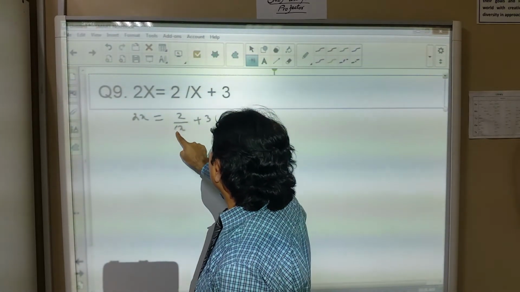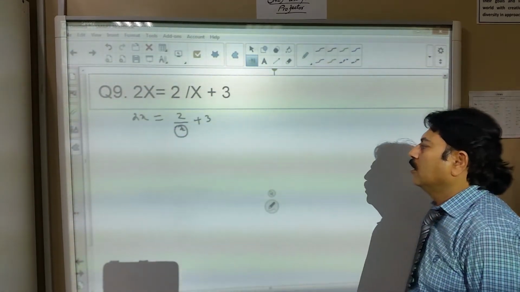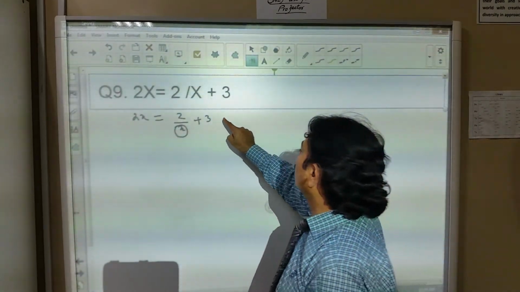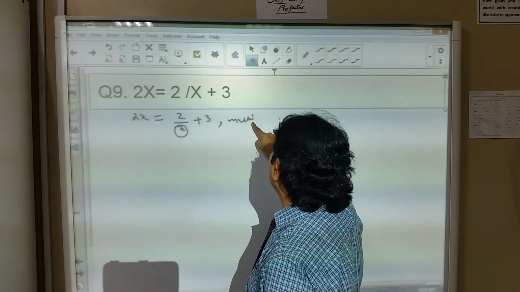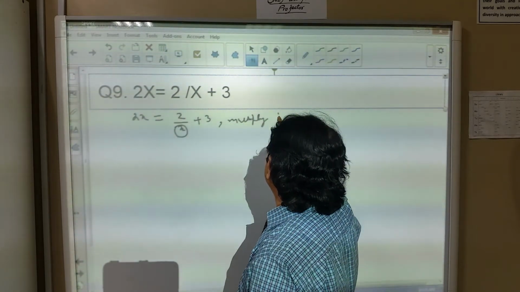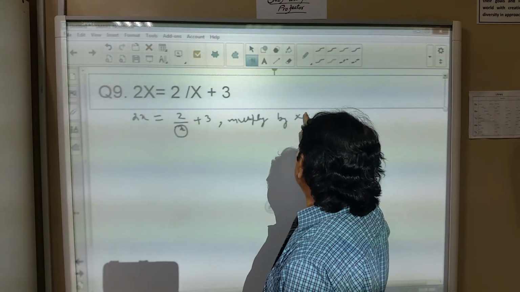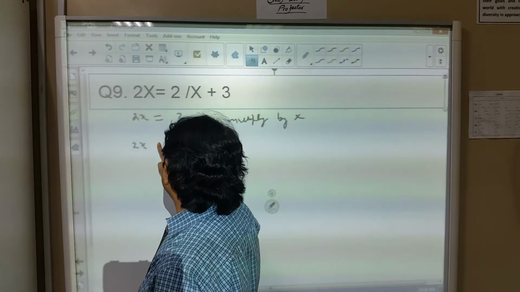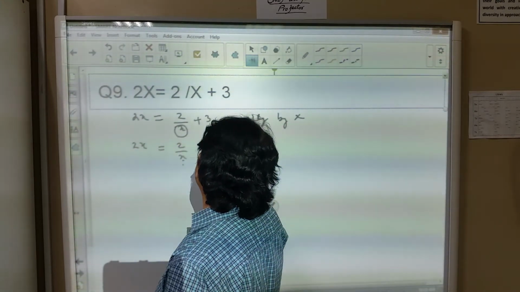Here x is the denominator, so multiply the whole equation by x. We shall write it in this way: 2x is equal to 2 over x plus 3.